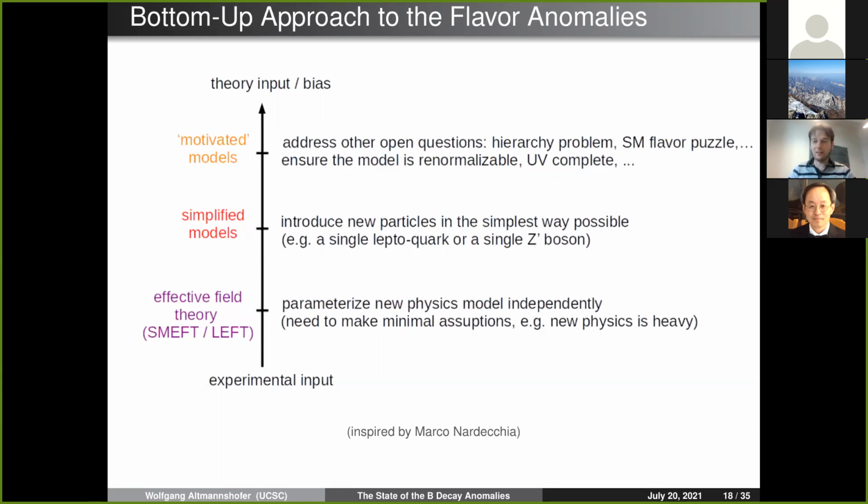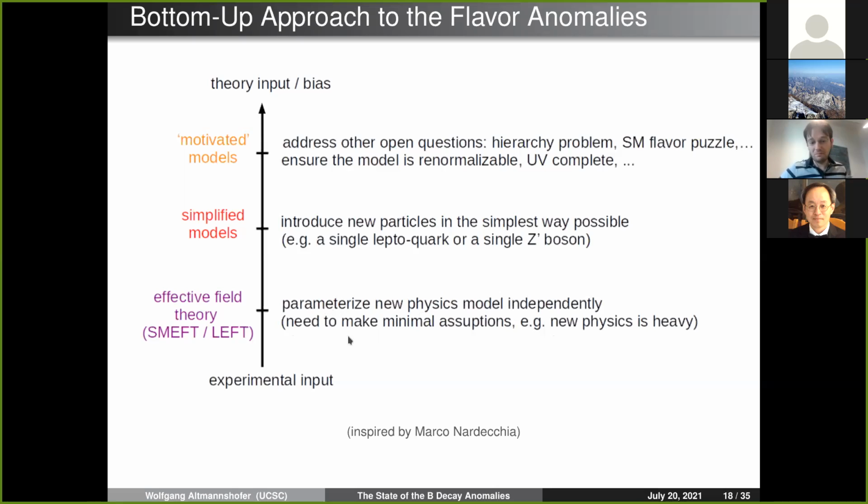The basic philosophy that I will be following here is this bottom-up approach. So starting from the experimental results from these anomalies, one starts out with an EFT description of these various processes, either in what is called the SMEFT, the standard model EFT, which respects the full SU(2) cross U(1) gauge symmetry of the standard model in the unbroken phase, or the so-called LEFT, that would be the corresponding EFT below the electroweak scale, where one has only the U(1) electromagnetism left, and then one just parameterizes the new physics in as model independent a way as possible.